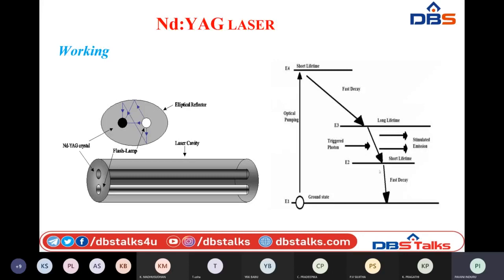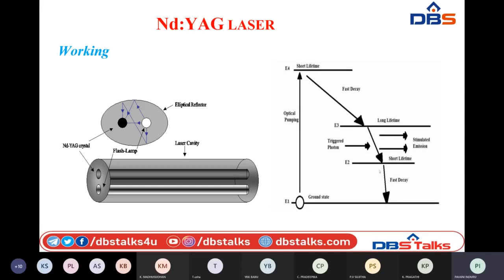So we need to create population inversion and then the stimulated emission will take place. Whenever this xenon lamp is turned on, the photons emitted by the xenon lamp are absorbed by the Nd3+ ions, which are the active material present in it. Those get excited from lower energy levels to the upper energy states.